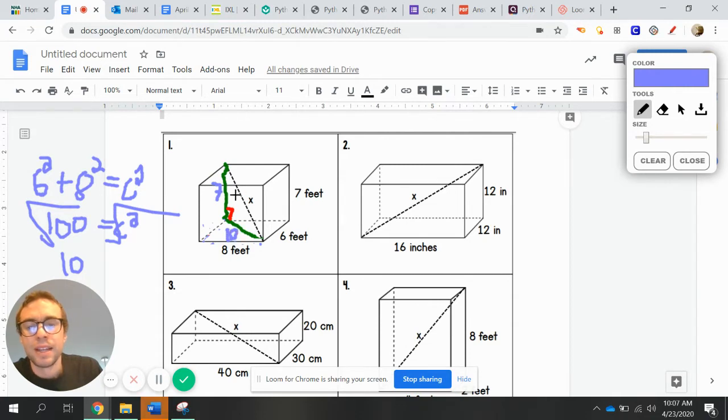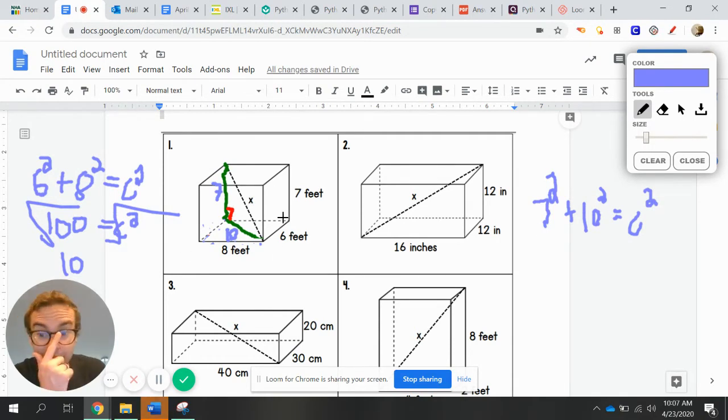So then I can do the Pythagorean theorem again now, 7 squared plus 10 squared equals c squared, because now x is my c. Or you can put x squared if you want, it doesn't matter, because that's my hypotenuse again. It's the one across from that right angle. So this would be 49 plus 100, so that's 149.